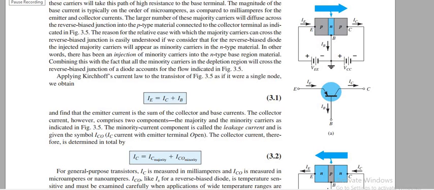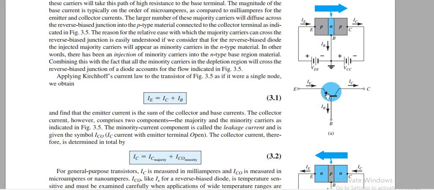So remember that the arrow direction must be from positive to negative terminal. I am talking about the emitter.